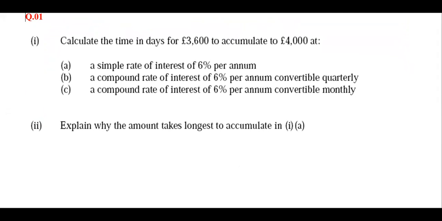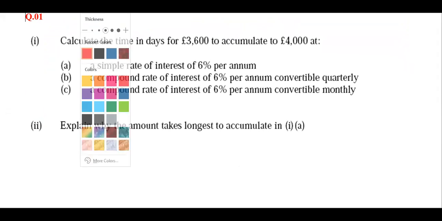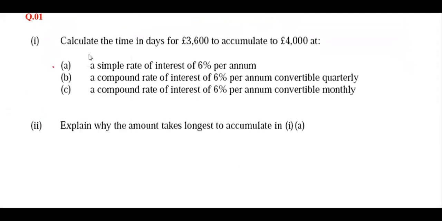What you need to do is to check the question and write the corresponding formula. It's very easy. The second one is compound rate of interest of 6% per annum convertible quarterly. The third one says compound rate of interest of 6% per annum convertible monthly. These are the three questions.